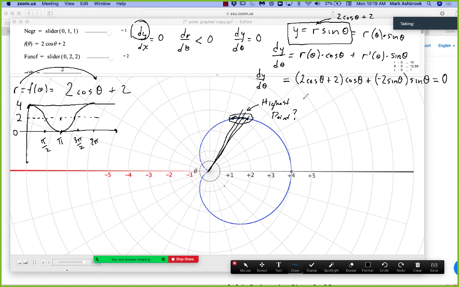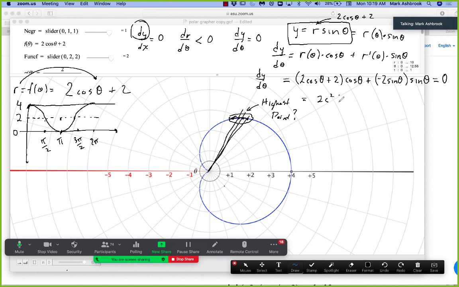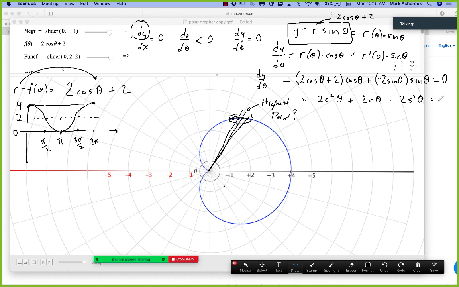So now I have to solve this thing. I'm going to write c for cosine and s for sine for writing's sake. So 2 cosine squared theta plus 2 cosine theta minus 2 sine squared theta. If you remember from your pre-calculus, this is like a quadratic of cosines and sines.